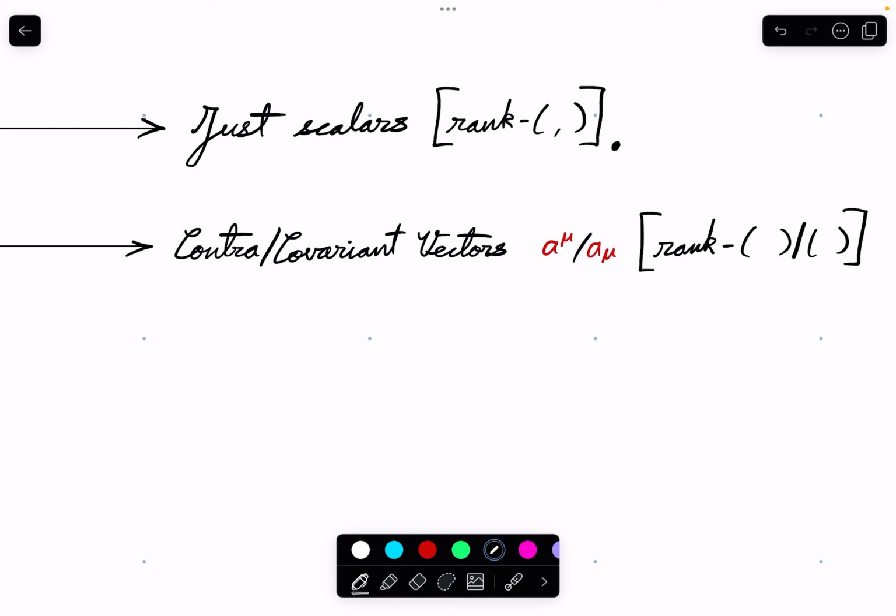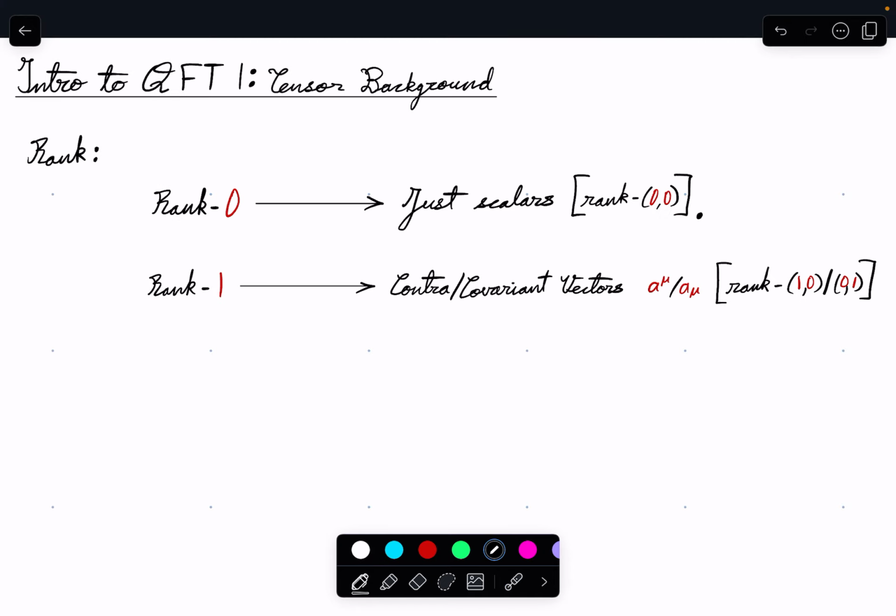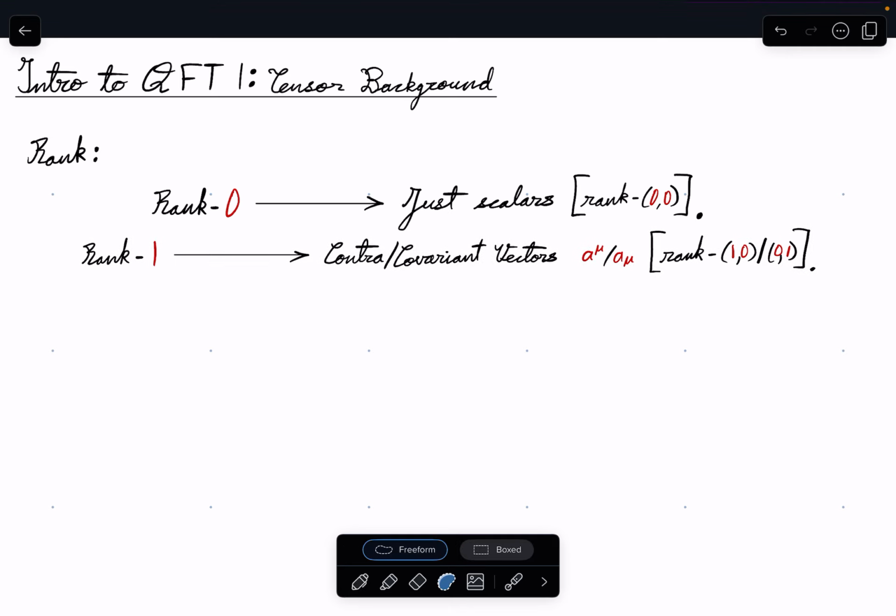I just realized that 0, 0, these are your rank 1, 0, or 0, 1 tensors. So a rank 1 tensor is either rank 1, 0, which is contravariant, or rank 0, 1, which is covariant. We'll see what the difference of contravariant and covariant is in a second.